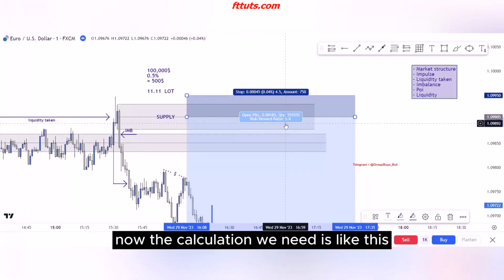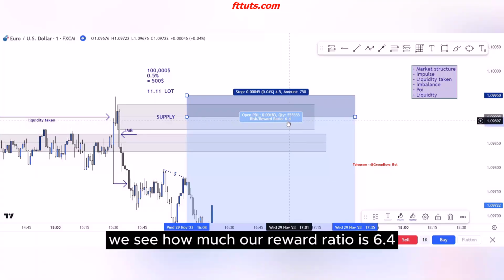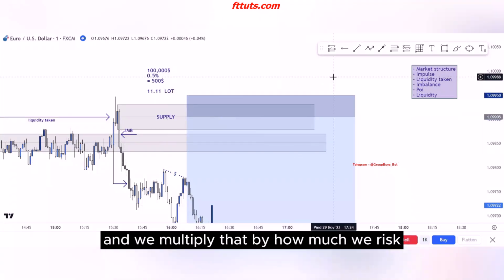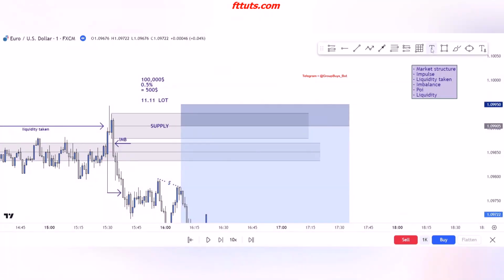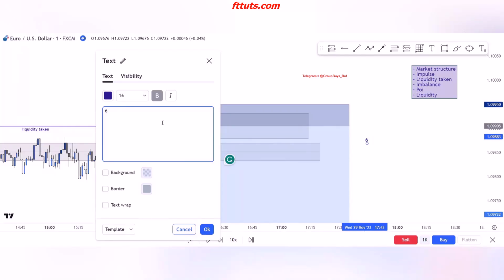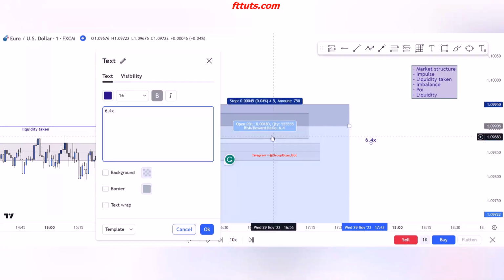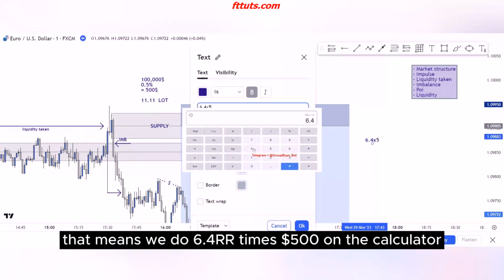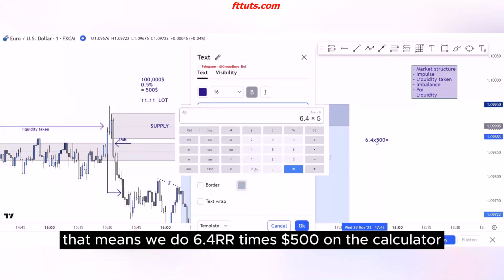Now the calculation we need is like this. We see what our reward ratio is, 6.4, and we multiply that by how much we risk. That means we do 6.4R times $500 on the calculator.